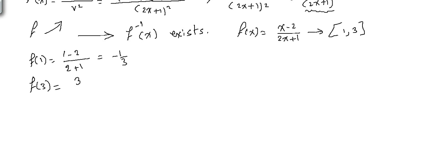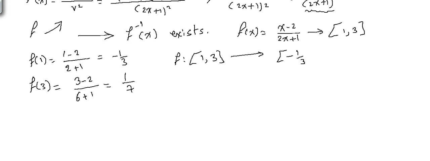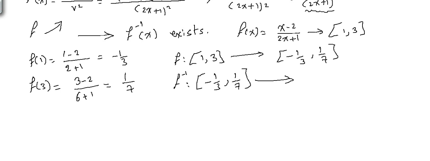It's 3 minus 2 over 2 times 3 plus 1, which is equal to 1 over 7. So f goes from domain [1, 3] to range [-1/3, 1/7]. And f inverse goes from [-1/3, 1/7], the range of f, which is the domain of f inverse, to [1, 3].